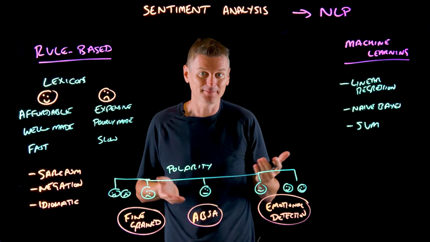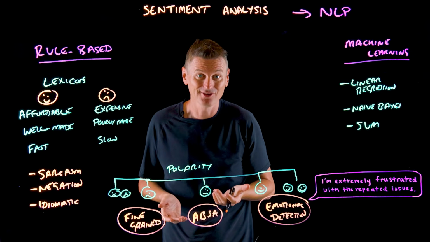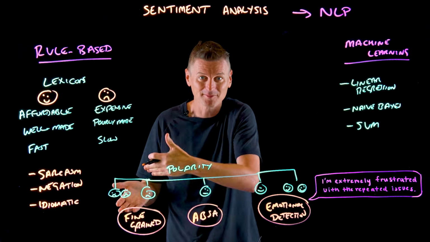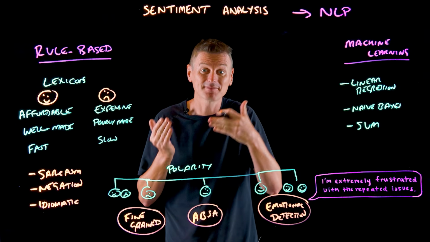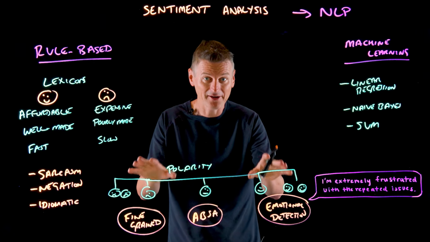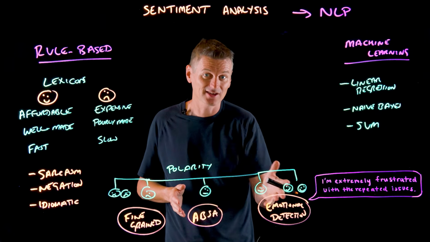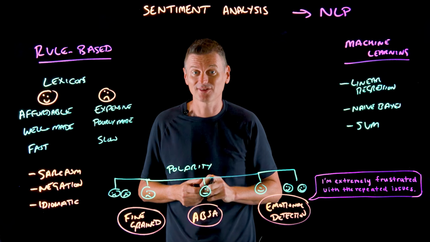So, for example, a support ticket saying something like, "I'm extremely frustrated by the repeated issues." I mean, that reveals not just negative sentiment, but it also reveals the specific emotion of frustration. So rather than using polarities like positive, negative, or neutral, emotional detection can identify specific emotions in a body of text.